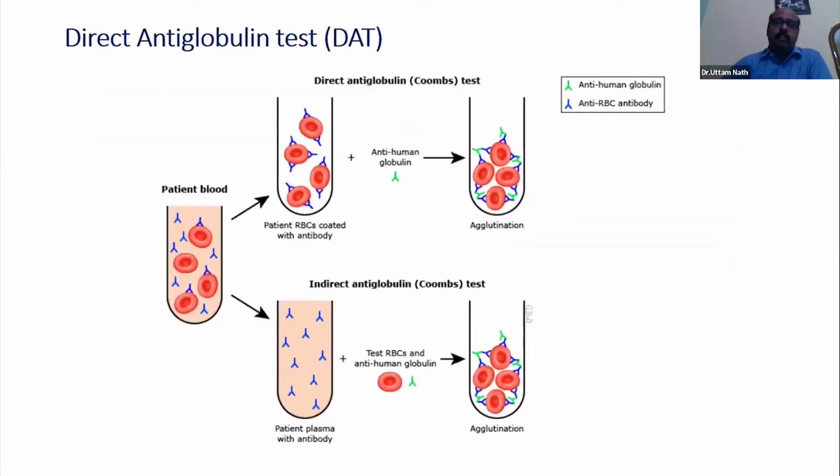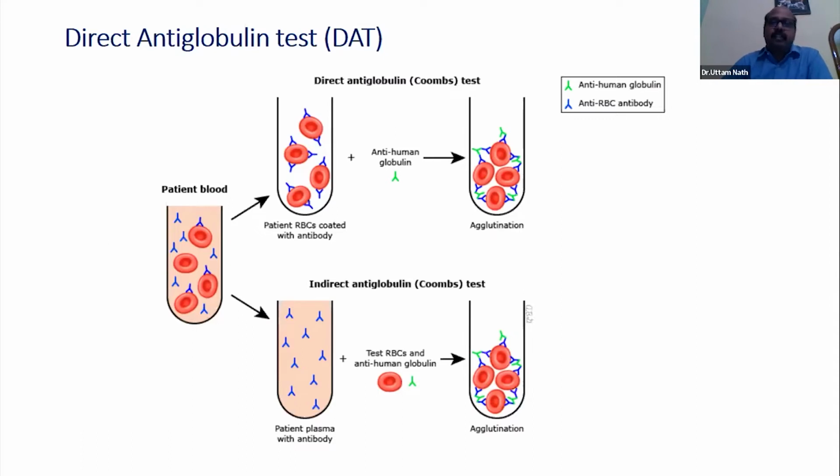Now, I will not go into the details of diagnosis because I think it has been covered in the previous class. Direct Coombs test or direct antiglobulin test is the mainstay of diagnosis of autoimmune hemolytic anemia of all types, warm, cold.